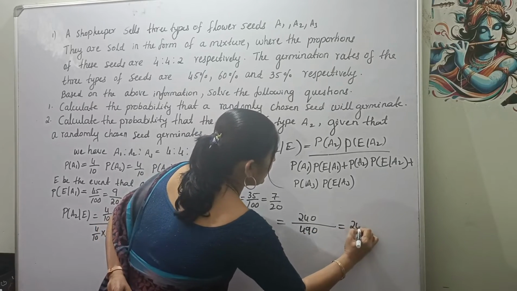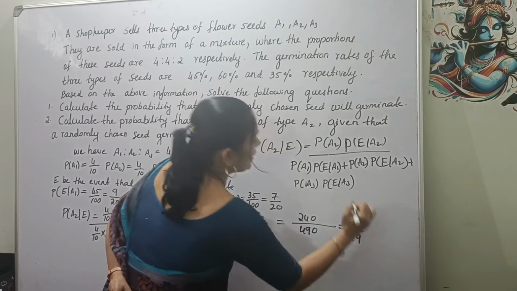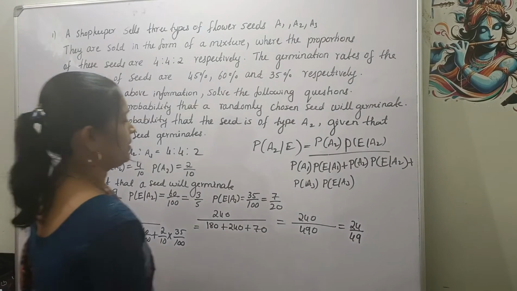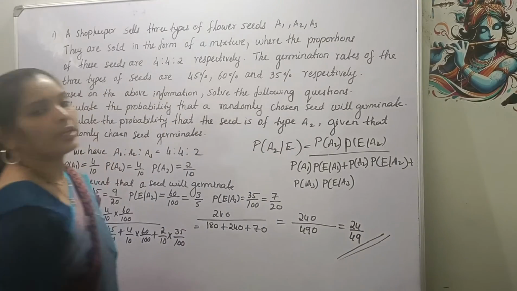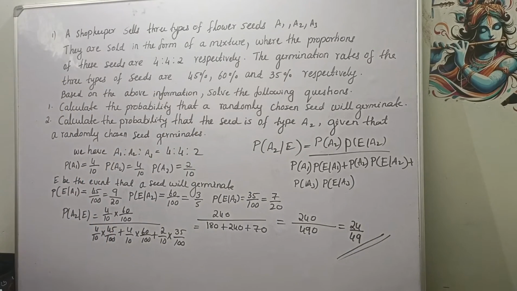That is 24 by 49. Okay. So here the probability that the seed is of type A2, given that a randomly chosen seed germinates, is 24 divided by 49.